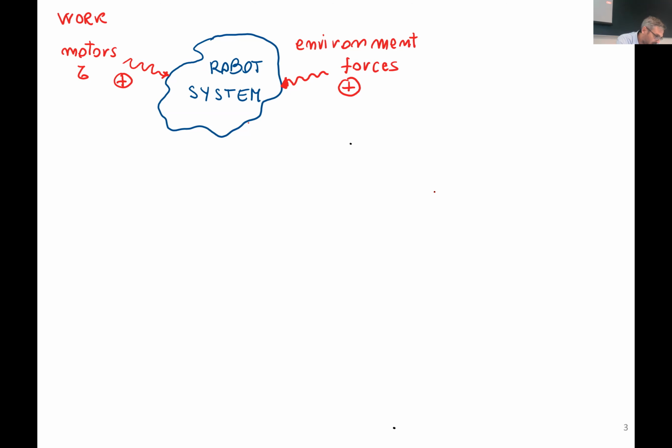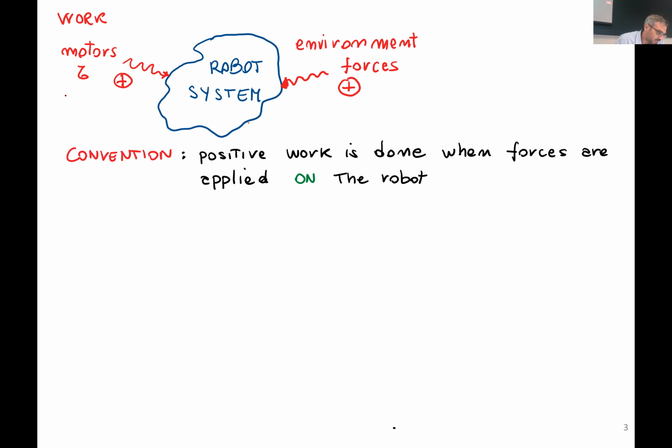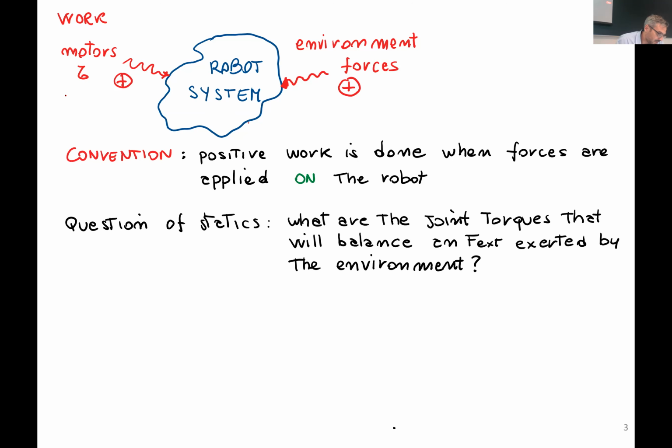And among the forces that can do work on the robot, we have both the motors, the joint torques due to the motors, or also the environmental forces. So, what are the joint torques that will balance an external force exerted by the environment?